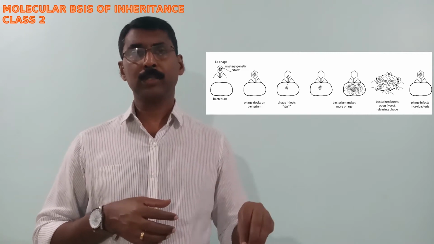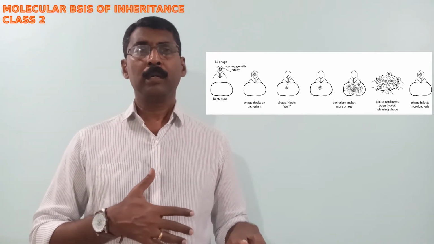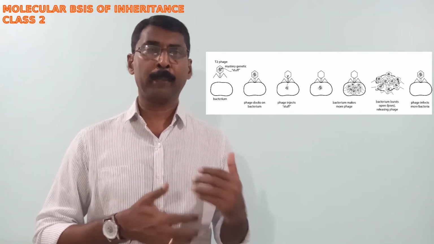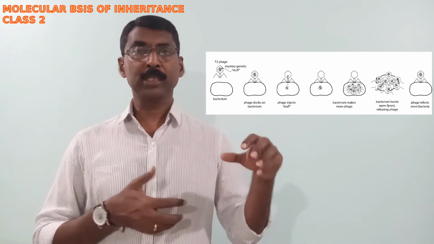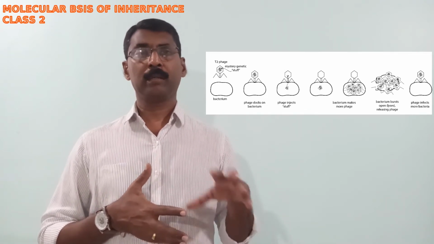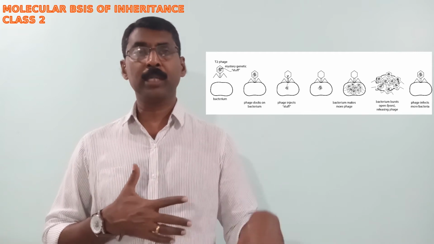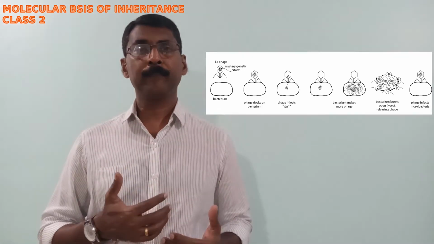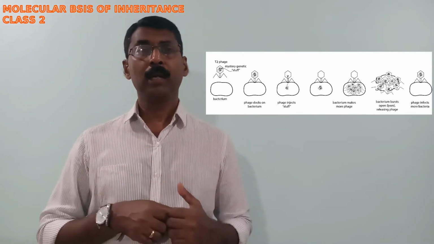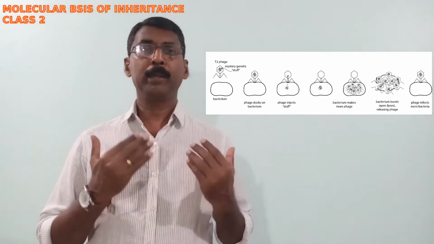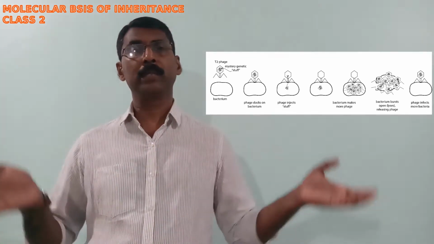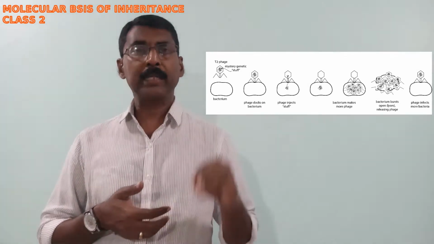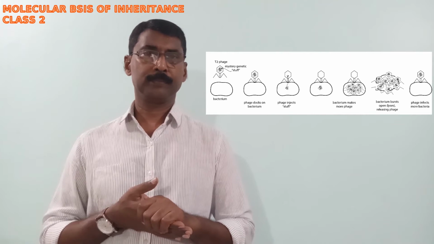And after entering into the host cell, this genetic material would take over the command of the cell, and by using the molecular machinery of the host cell, they produce copies of the DNA and viral particles, and several viruses would be formed, and by breaking the host cell they would be released outside to attack fresh host cells. So this is the mode of attack of a virus.